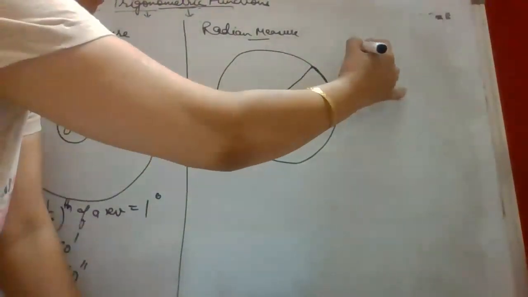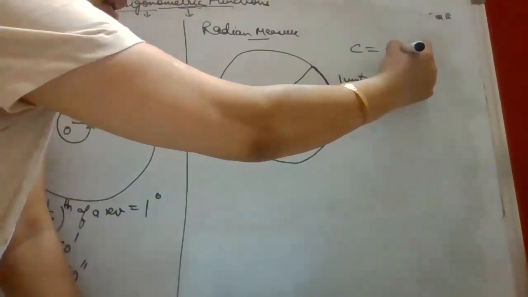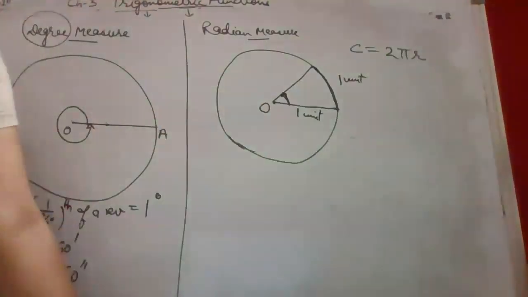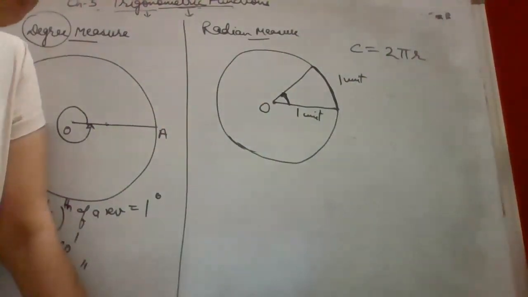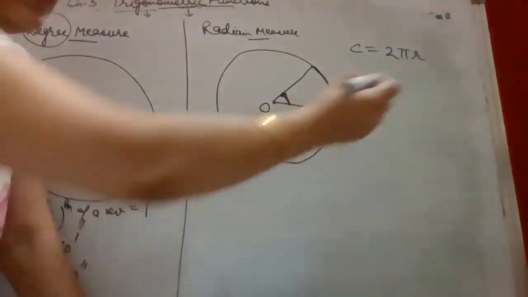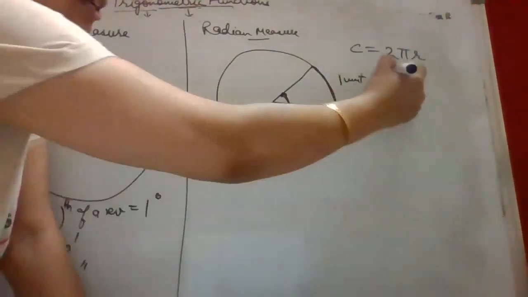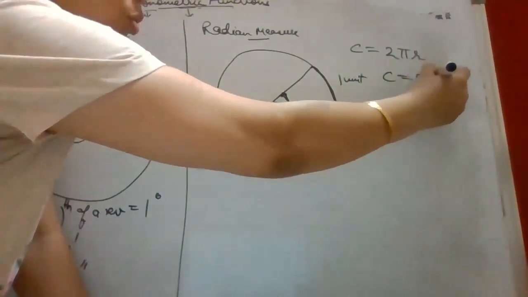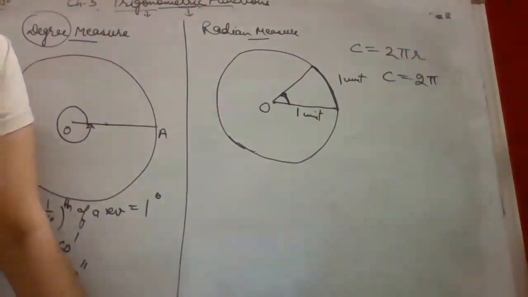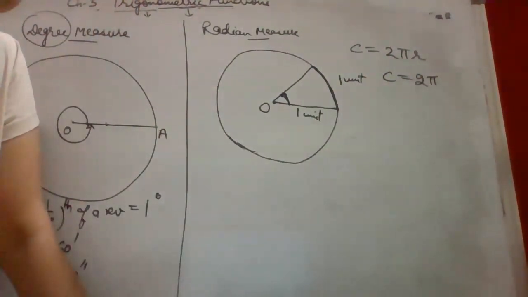How do we get this? Circumference is 2 pi r, the formula we know. When we are taking a unit circle, r means 1 unit. So C equals 2 pi. Circumference comes out to be 2 pi.